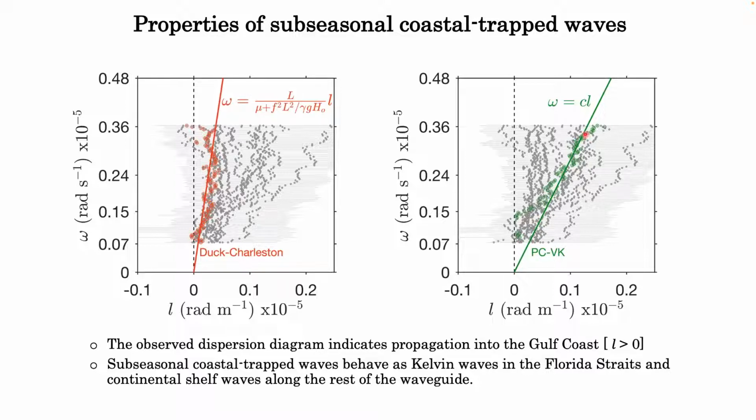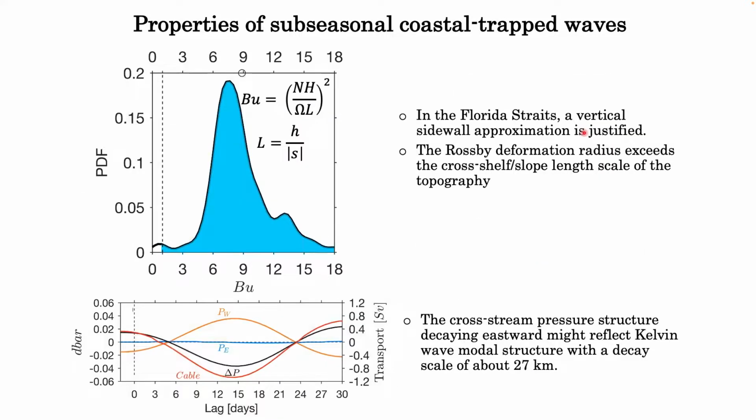On the other hand, in the Florida Straits, the observed dispersion diagram is best approximated by the dispersion curve for Kelvin waves. So it looks like the subseasonal coastal trough waves behave as Kelvin waves in the Florida Straits, and then as continental shelf waves along the rest of the waveguide.